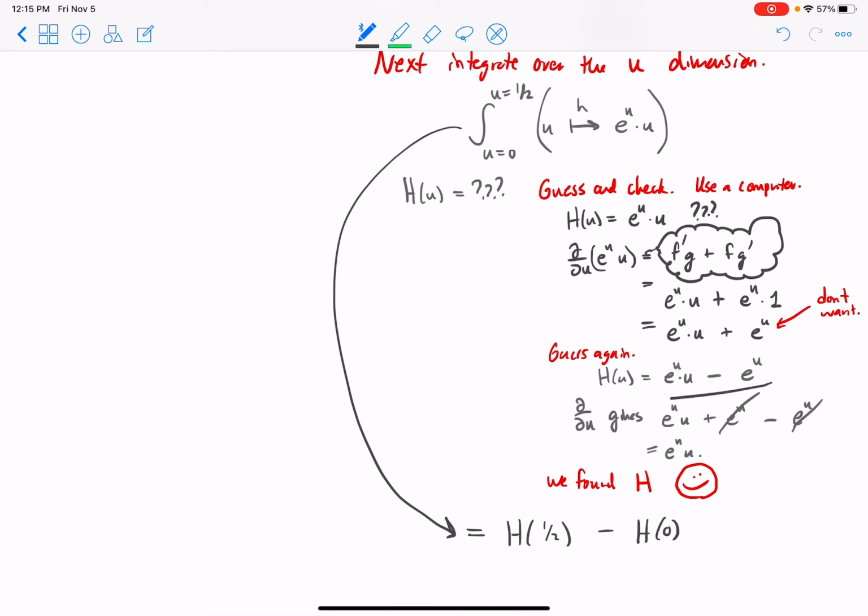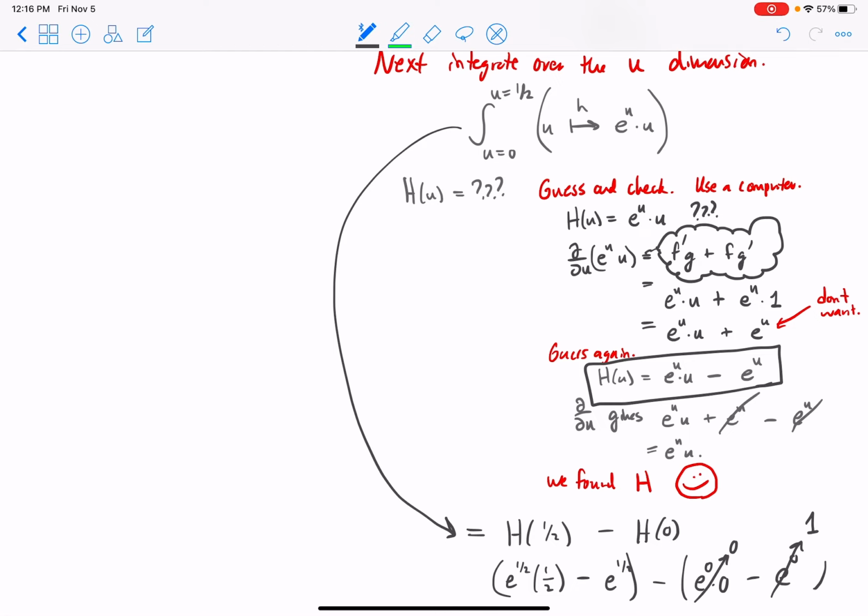So capital H is here. I do e to the 1/2 times 1/2 minus e to the 1/2. Okay, that's my capital H. And then minus H of 0, I have to do e to the 0 times 0. Well, that's going to be 0. Minus e to the 0. Well, that's going to be 1.